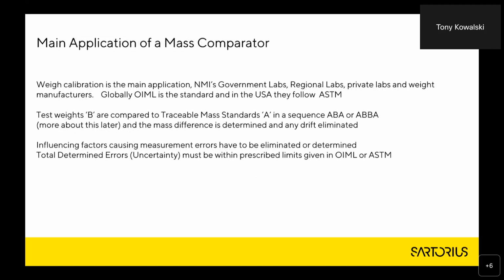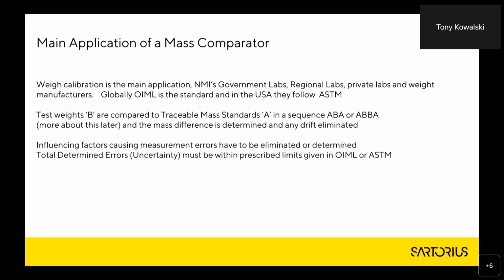So where are we going to find mass comparators? The main application for calibrating weights means you'll find mass comparators in the National Metrology Institutes, NPL in India, the PTB in Germany. We also name in the UK our national laboratory, NPL. Then we have regional laboratories in your country, India.